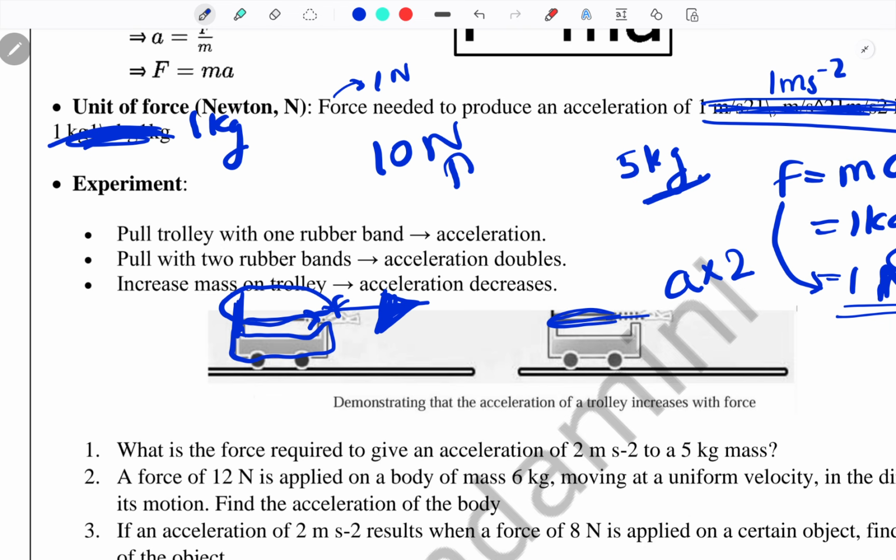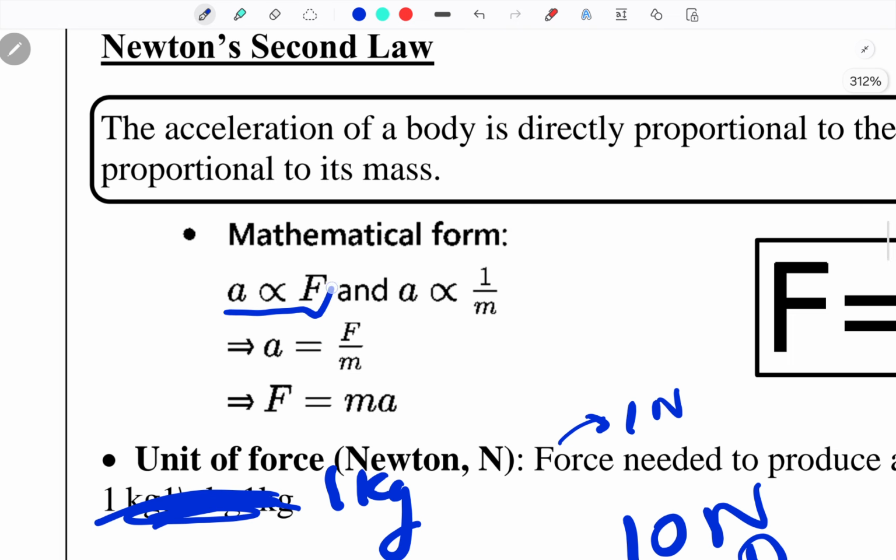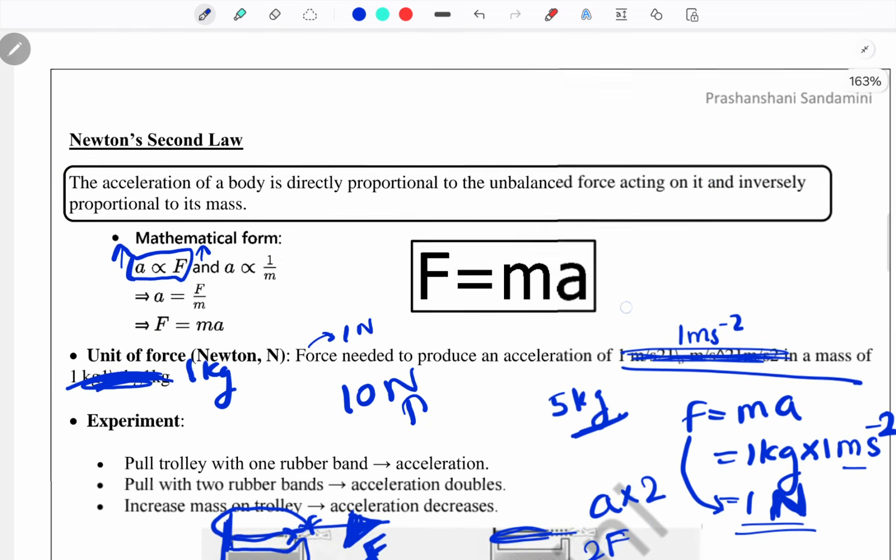Why is that? With one rubber band, think the force is F. Now you are using two rubber bands, meaning 2F. What happened to the acceleration? As you know, acceleration is directly proportional to the force. If you double the force, the acceleration should double.